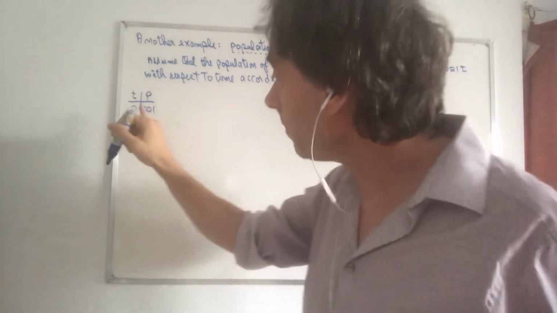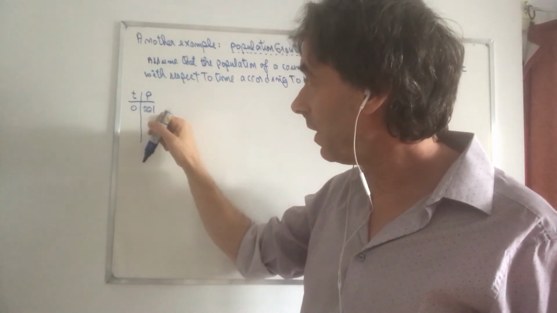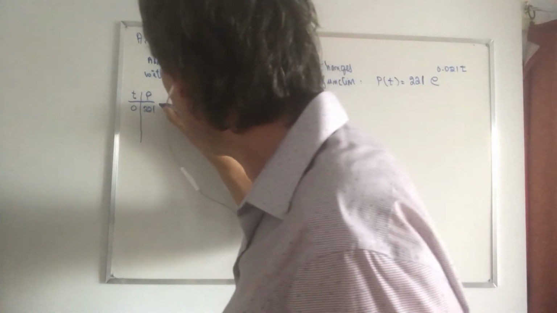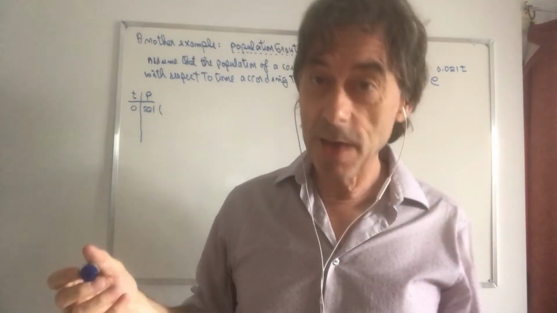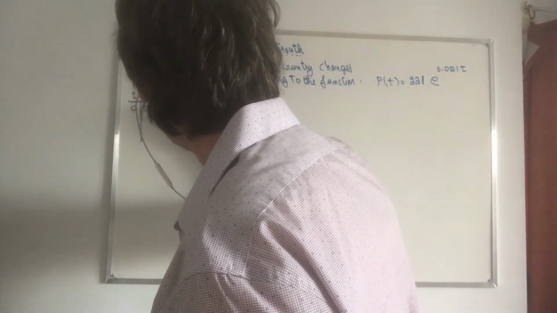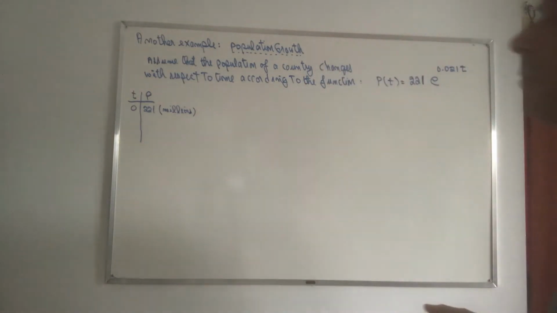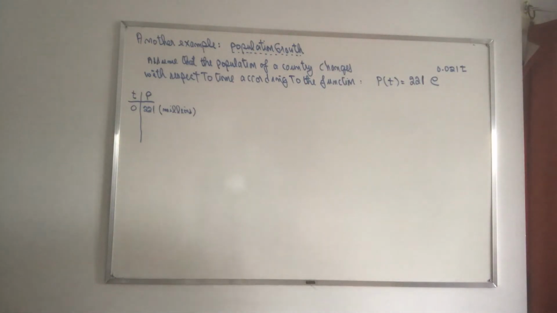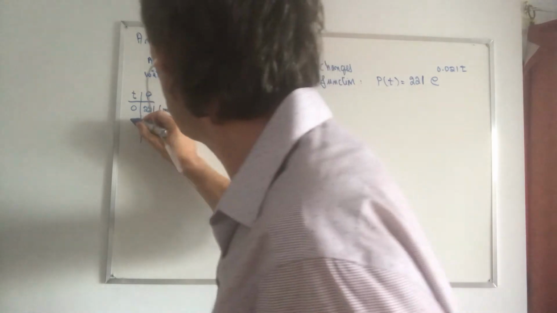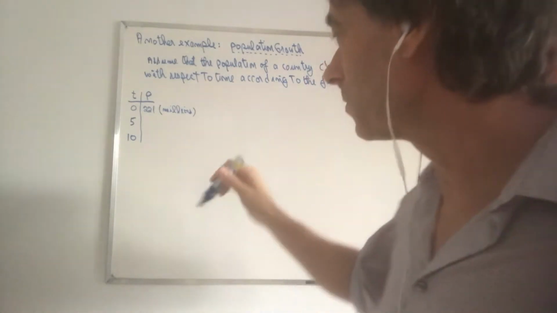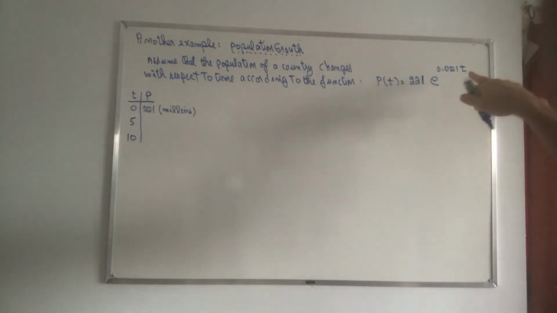So basically, it means that right now the population of this country is 221, and it's not 221 inhabitants, of course. The population is going to be given to us in terms of millions of people. So it's 221 million. So a couple more points. Let us see what this model tells us the population of this country will be in 5 years and in 10 years.